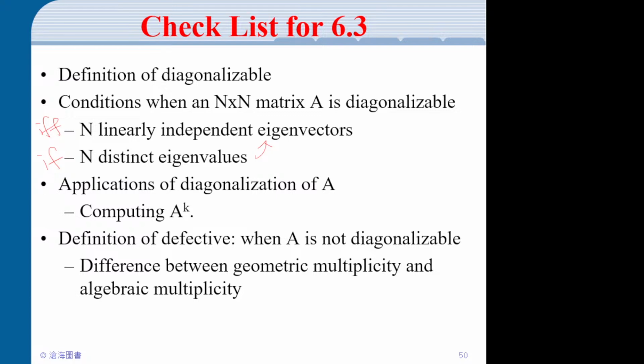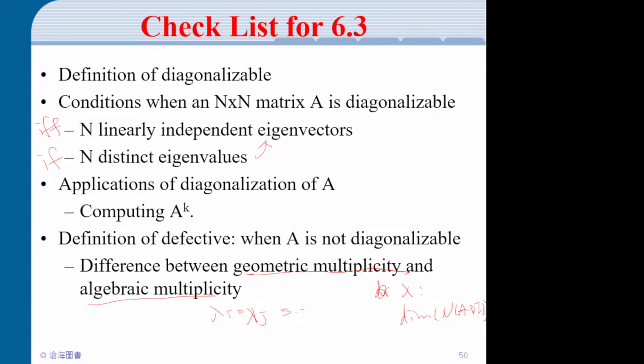So this is how many lambda in your characteristic polynomial have lambda i equal to lambda j, etc. And geometric multiplicity is, for the same lambda, the dimension of the null space of A minus lambda I. So how many different eigenvectors you have for the multiple lambda. Okay.